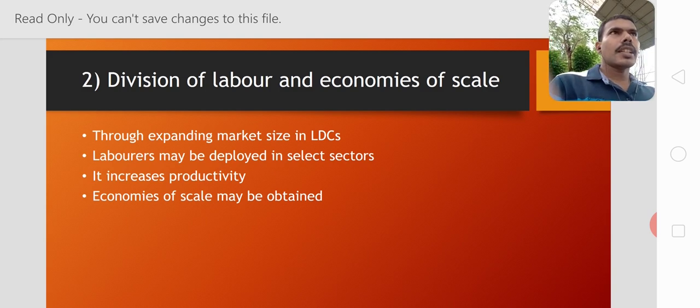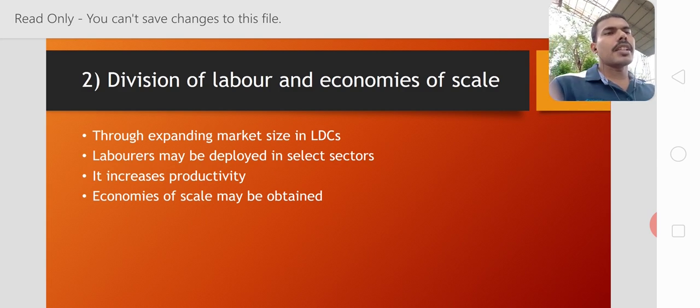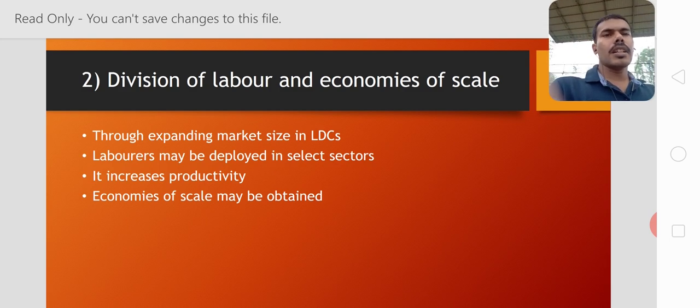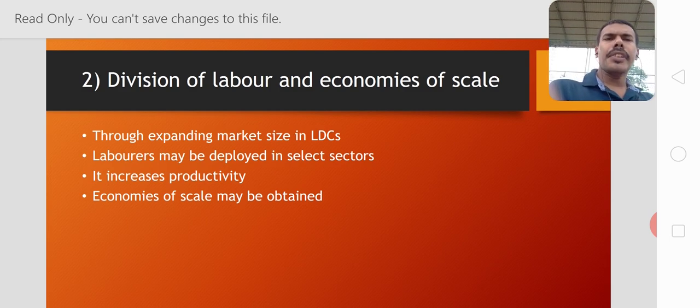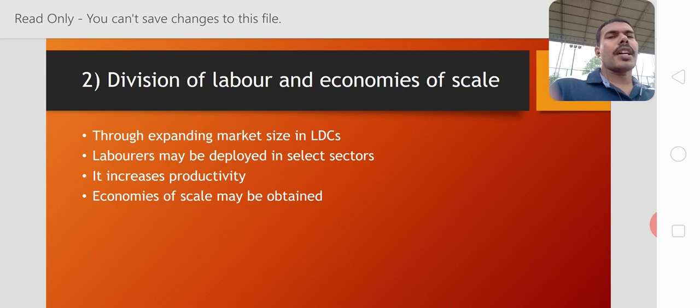That enabled the emergence of so many mobile technicians in India. They are working in mobile phone related services. They have increased their productivity as they concentrated on mobile phone servicing and similar kinds of services. So this is one of the benefits of international trade.